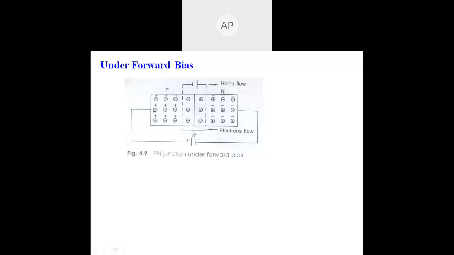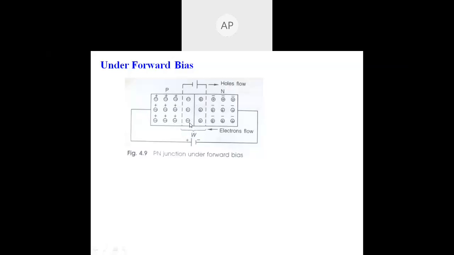Similarly, for the P side, the positive ions from the battery will combine with the negative ions near the junction. Recombination takes place, and they disappear. Once they disappear, the accumulation of positive and negative ions near the junction is reduced.